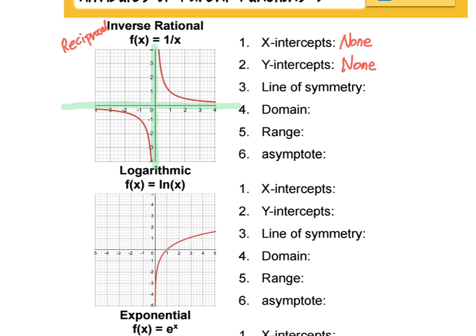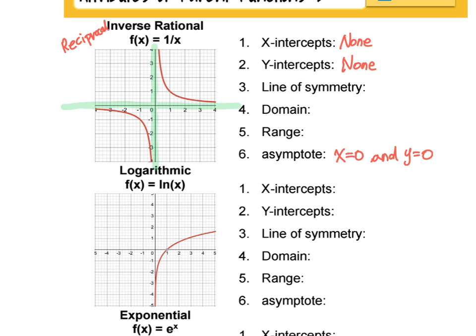So that is what we call an asymptote. Now we can tell the asymptotes first. It will be x equals 0, that's the y-axis, and also y equals 0, which is the x-axis.